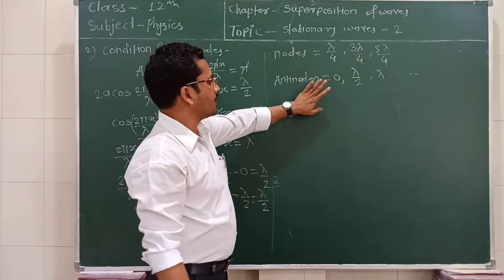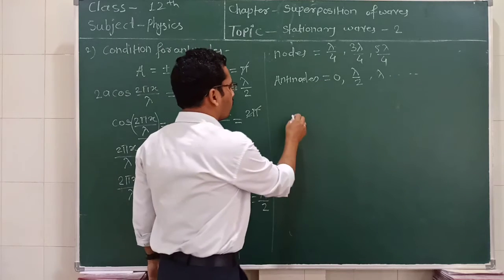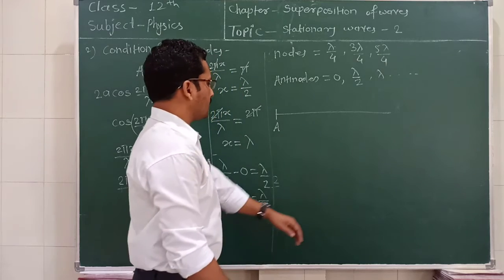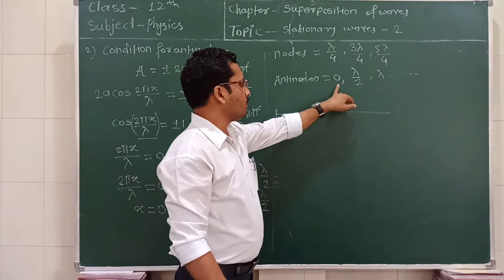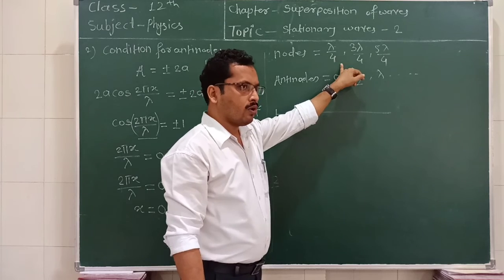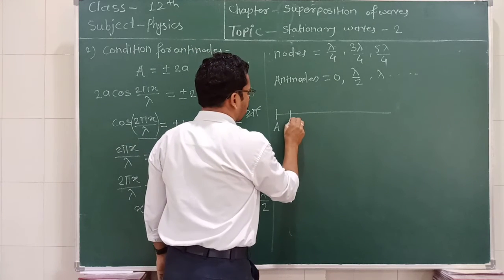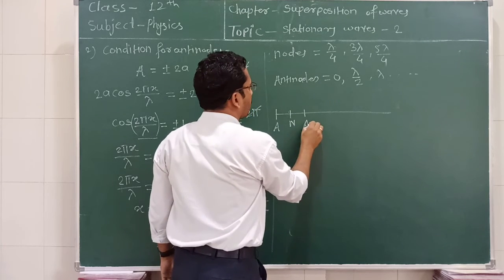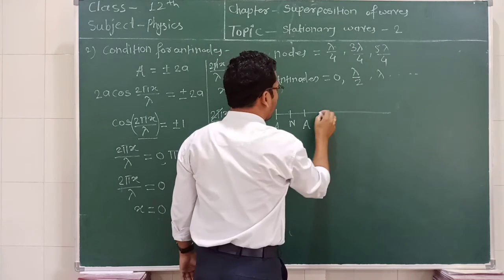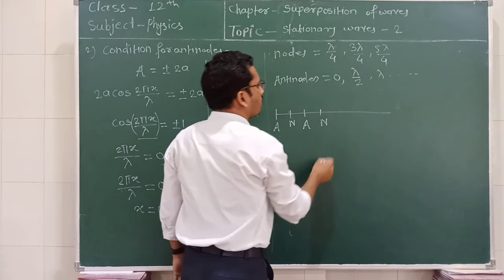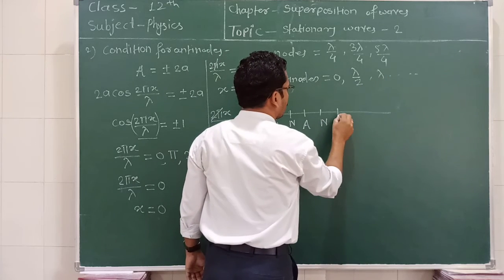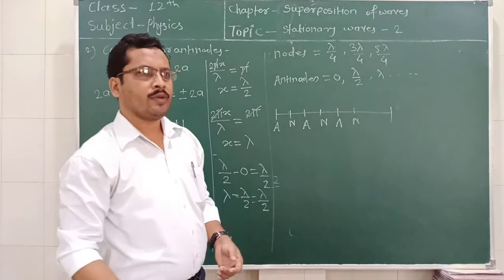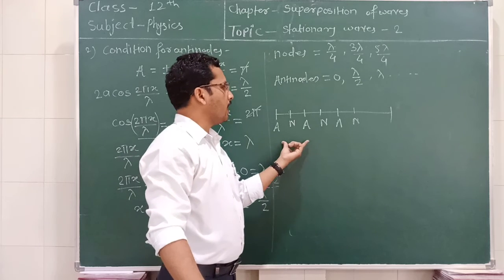So if there is a formation of antinode initially, then after 0 there must be a value lambda by 4. Here is the formation of a node, then we come to lambda by 2 where the antinode is forming. After lambda by 2 we come across 3 lambda by 4, so it is a node. Then we come across lambda, so it is an antinode, and this is a node. In this way there is a formation of nodes and antinodes alternately.